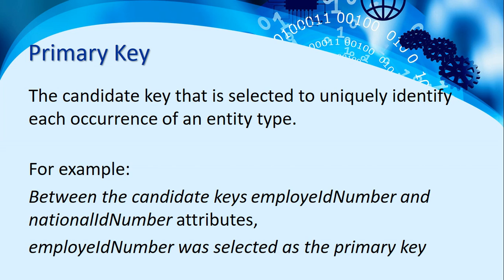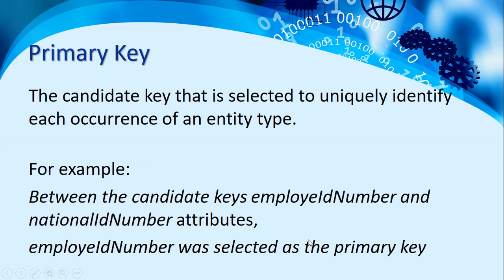So in this instance, since the employee ID was selected as the primary key, therefore the employee ID number is the primary key. Okay. Now, yung choice mo sa pagpili ng primary key para sa entity, nakabase yan sa some considerations, no?